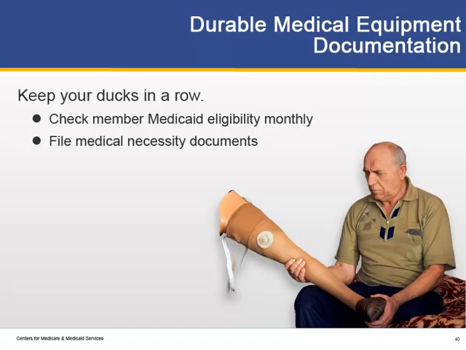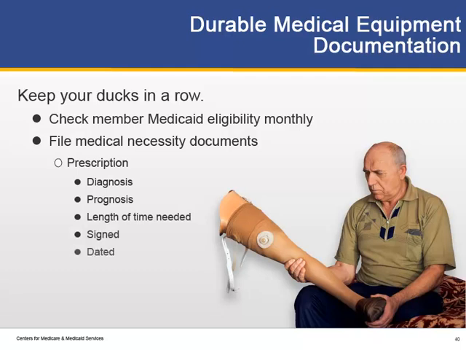A physician's or other state-authorized medical professional's prescription can serve to document the need for an LL. For a prescription to meet state medical necessity criteria, it must include the diagnosis, prognosis, and the length of time the item is required, and be signed and dated by the ordering medical professional.